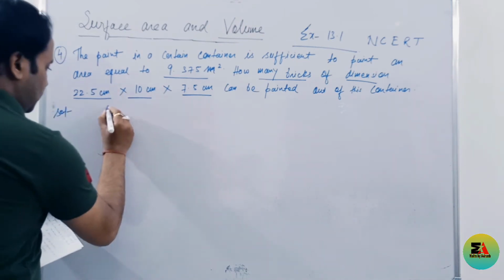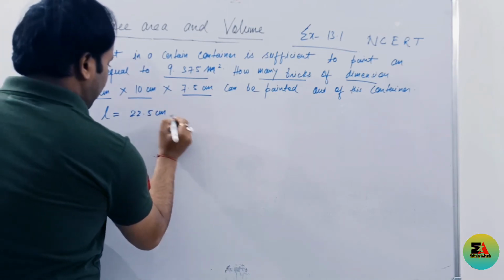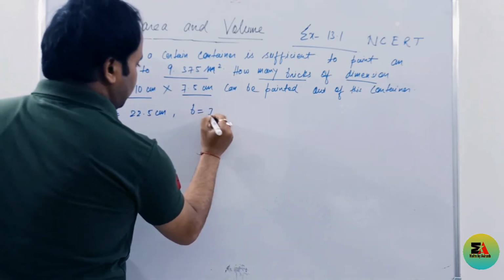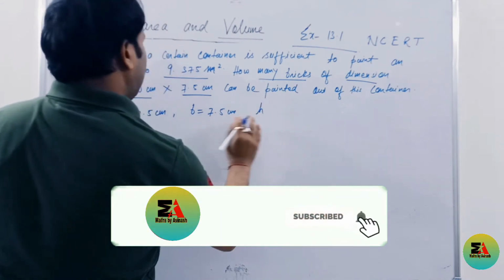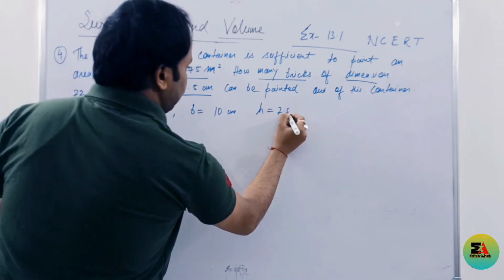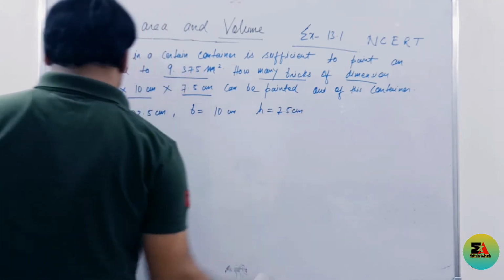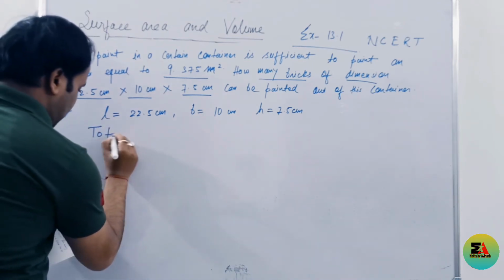First of all, length is given right here. Length is 22.5 centimeter, breadth is 10 centimeter, and height is 7.5 centimeter. Clear? So first of all, you have to calculate the total surface area of one brick.